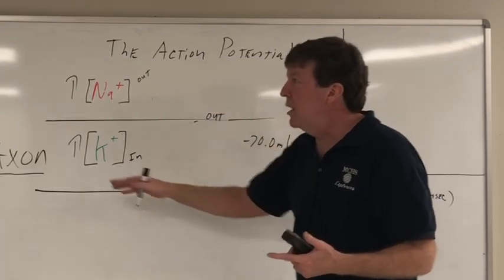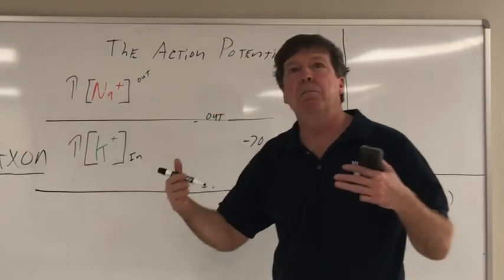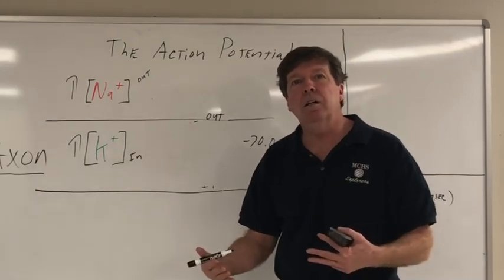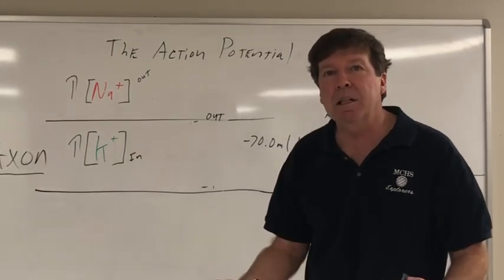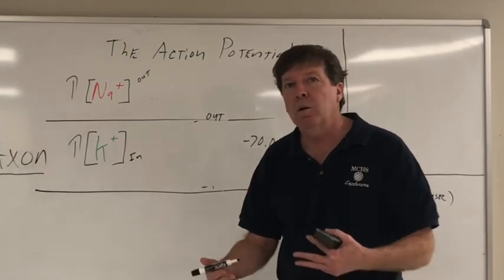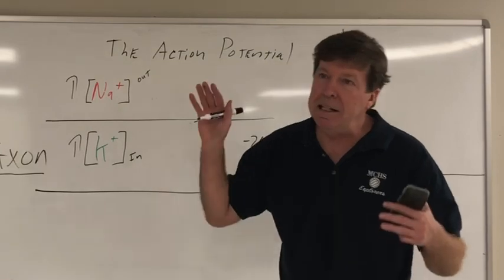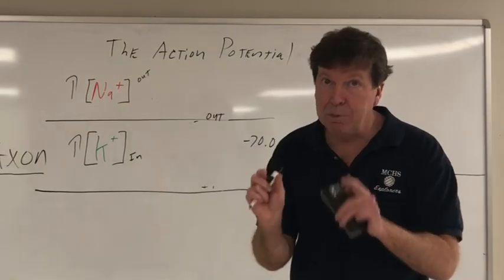Again, that's a potential difference, and that's potential energy. That potential energy we're going to convert into the energy of an action potential, and eventually we're going to have a response all the way down at the end of the axon where those synapses are.